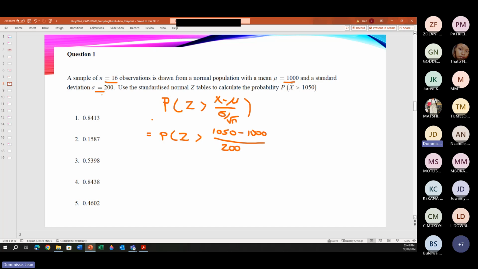So 200 divided by the square root of n, so the square root of 16. Okay, so 1050 minus 1000 gives us 50.